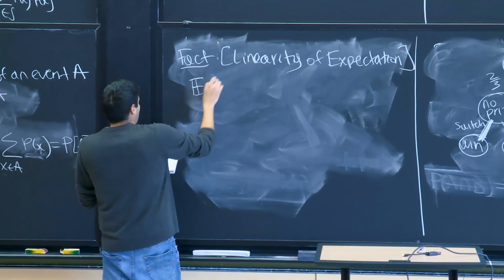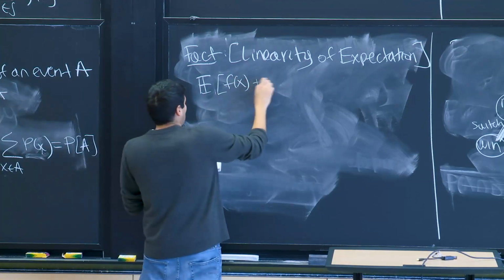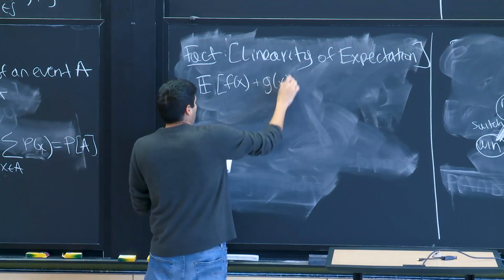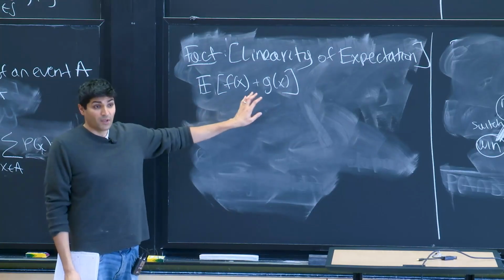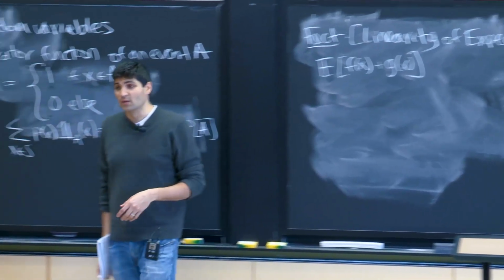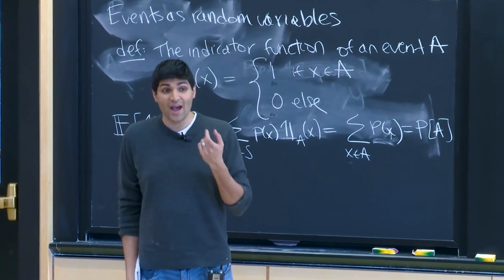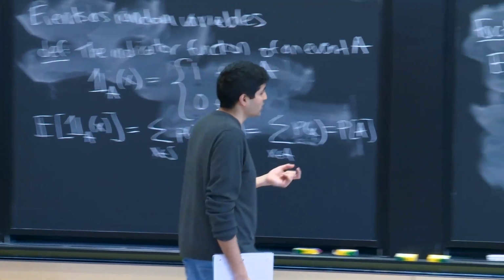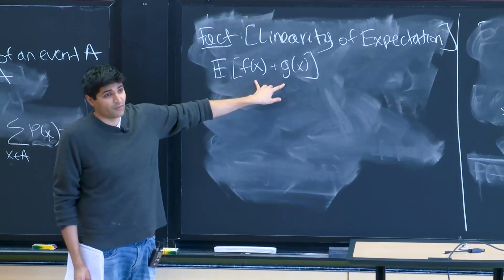In particular, I can look at a random variable f of x and a random variable g of x. What I'm doing when I add them is literally creating a new random variable, h of x, that adds up the two values of these functions. This is still a function from all of my outcomes to a real value.